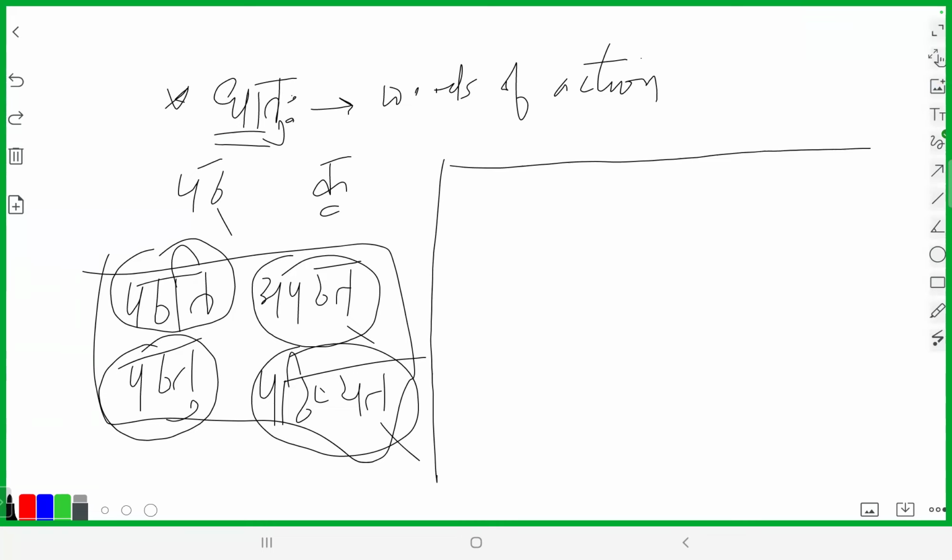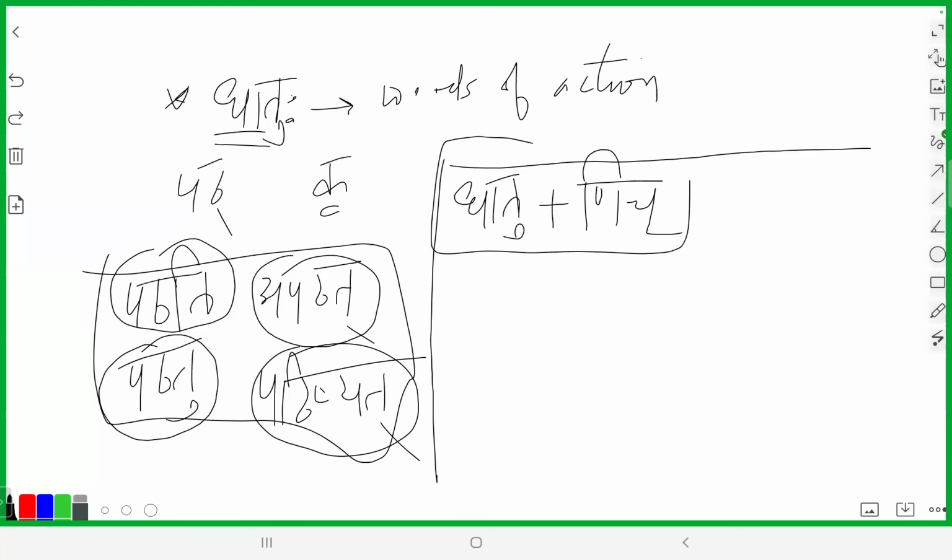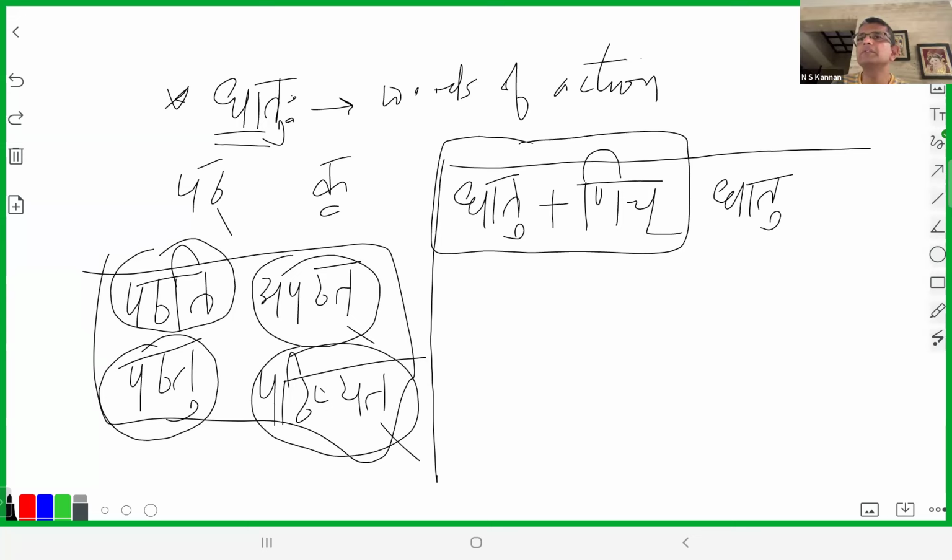Now, to these dhatus can be added certain pratyayas, and you now get a new dhatu. You understand what I'm saying? After adding this, you are getting a new dhatu, and a dhatu is a word of action.